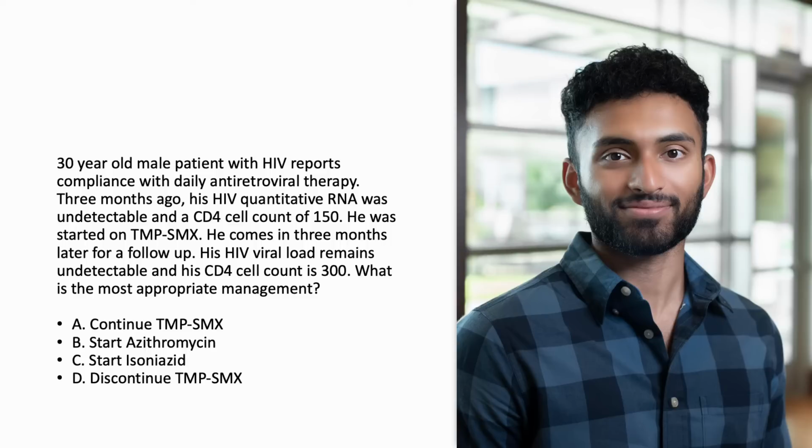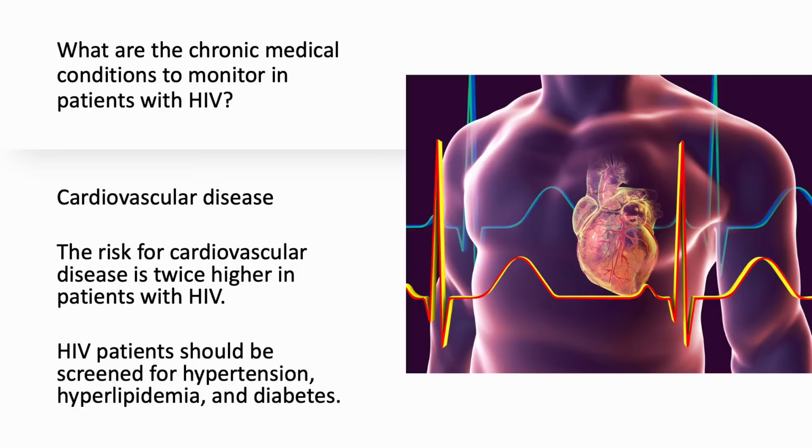In this case, what's recommended is to discontinue Bactrim. This patient has an excellent response to antiretrovirals, as shown by an undetectable viral load and a rising CD4 cell count. Since the CD4 cell count has been above 200 for more than 3 months, Bactrim is no longer indicated as prophylaxis for PCP.